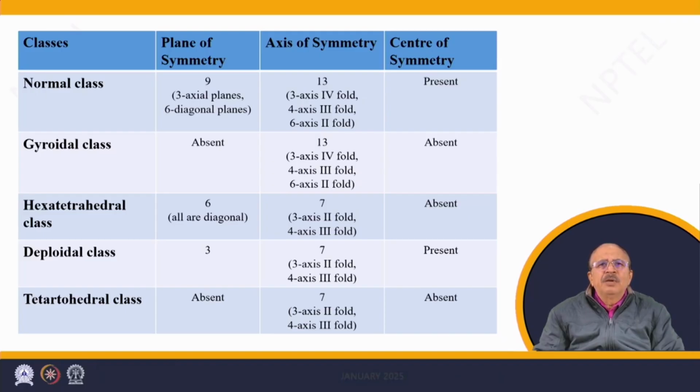Hexatetrahedral class, planes of symmetry are 6, axes of symmetry are 7 and center of symmetry is absent. Diploidal class, planes of symmetry are 3, axes of symmetry are 7 and center of symmetry present. Tetartoidal class, plane of symmetry absent, axes of symmetry are 7 and center of symmetry is absent.